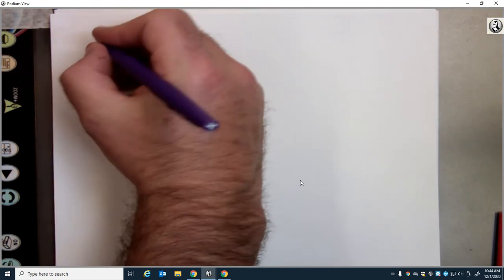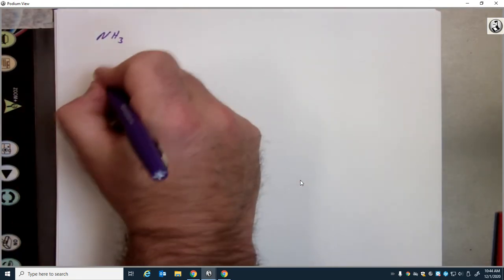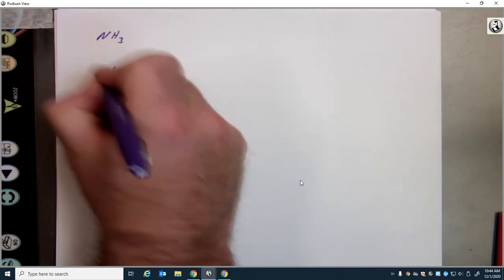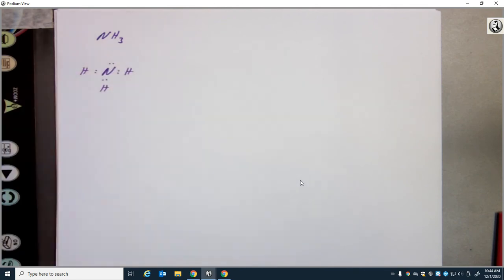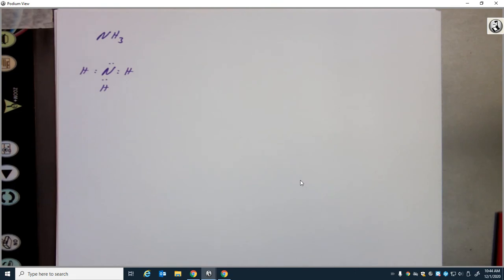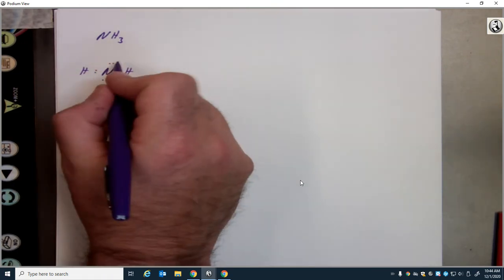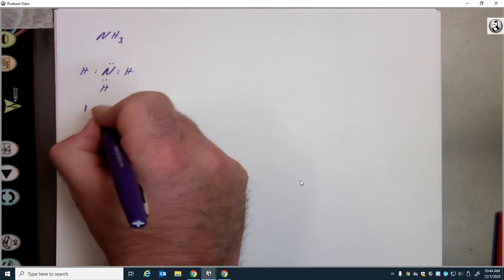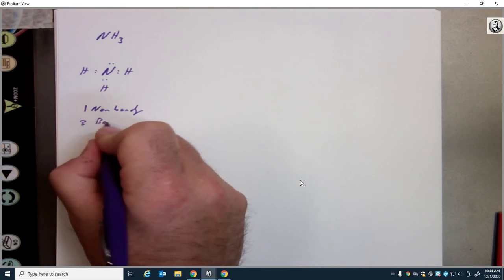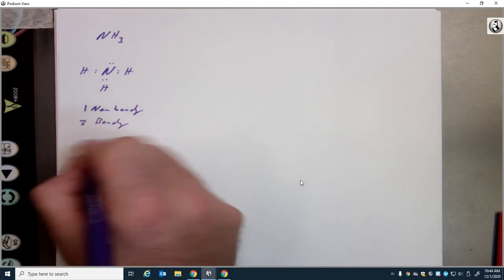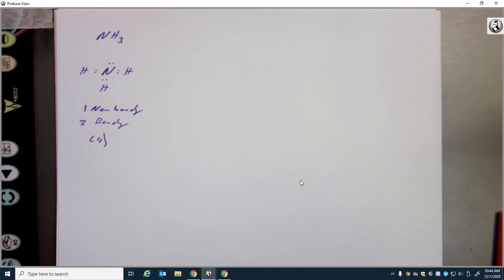So let's start with ammonia, and we already know what shape that takes. So there's my Lewis structure. And here we have one non-bonding and three bonding, for a total of 4 domains. Now what shape would this take?